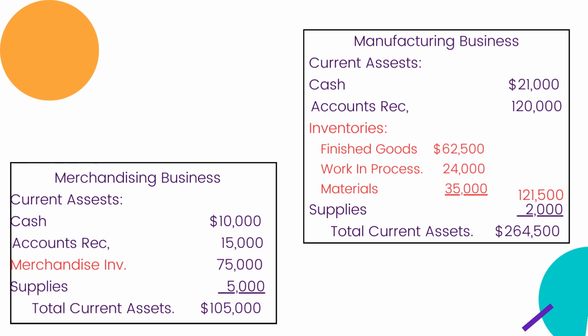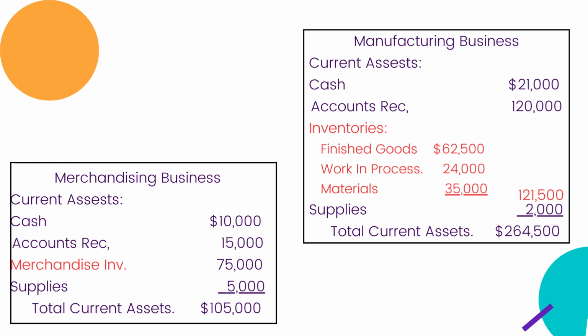You're going to have cash, and in this example, it's $10,000 for this merchandising business. Then you're going to have your accounts receivable, and we're going to say it's $15,000. And you're going to have your merchandise inventory, sometimes just inventory on the balance sheet, for $75,000, and then your supplies for $5,000.